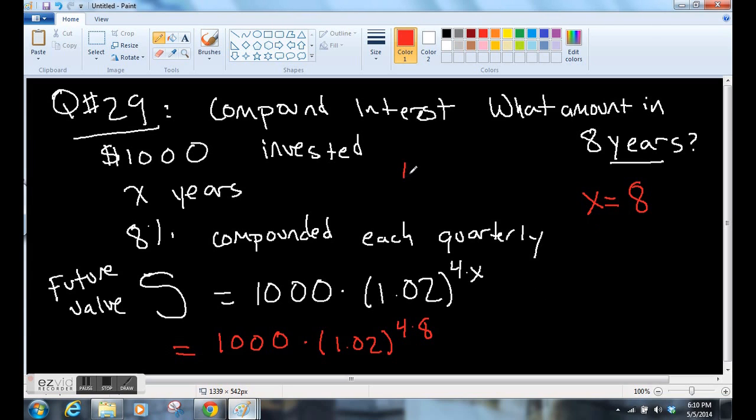You're going to want to type in 1.02 raised to, do you see that caret button, then parentheses, 4 times 8, and then I would hit enter, and then times 1,000. And you should get $1,884.54. That is the amount.